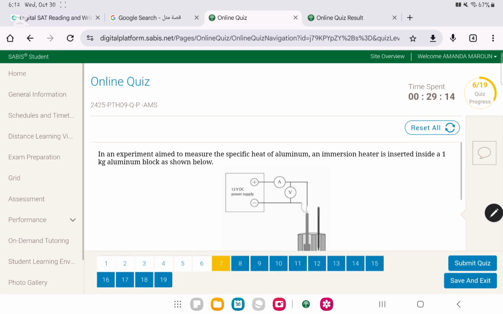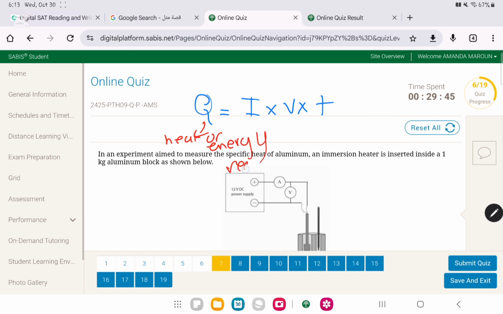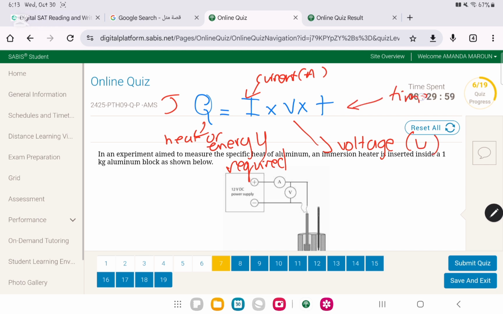Now we move on to question number 7. And here we're going to learn a new rule: Q equals I times V times T. Q, as we know, is the heat or energy required, denoted in joules, J. I is the current, denoted by A. V is the voltage, denoted by V. And finally, T is the time, and it's always in seconds.